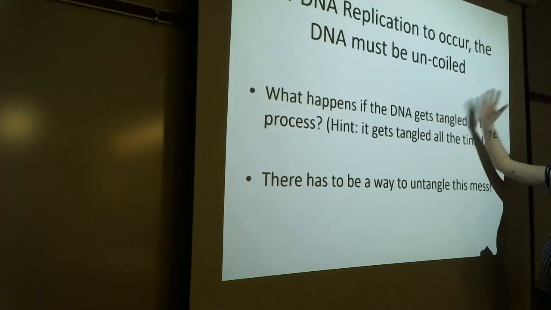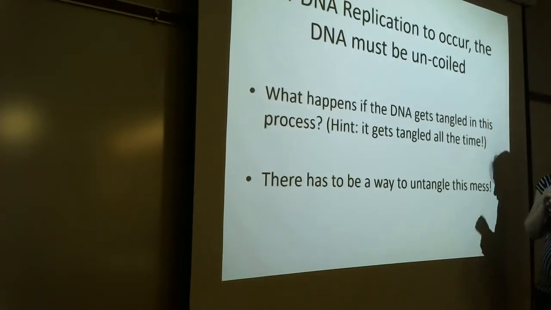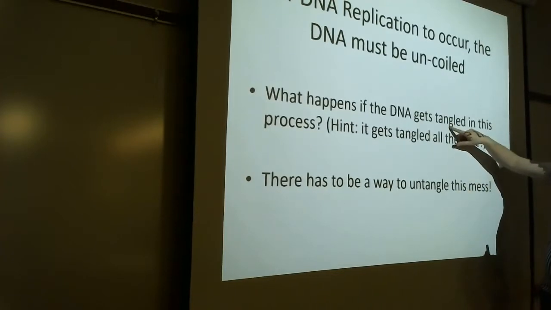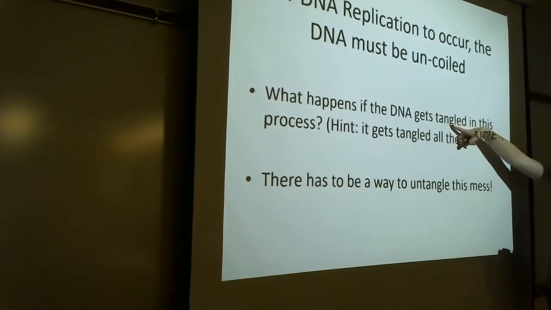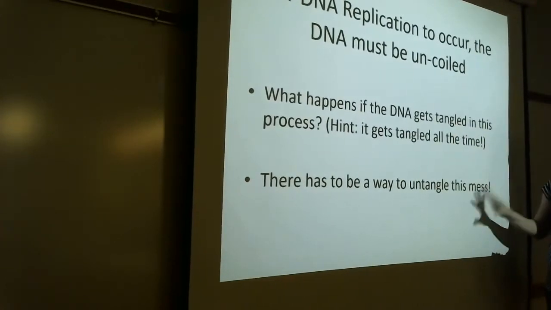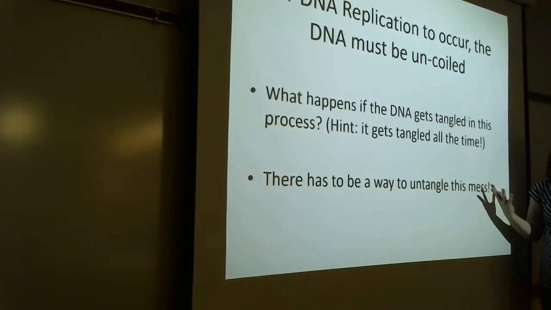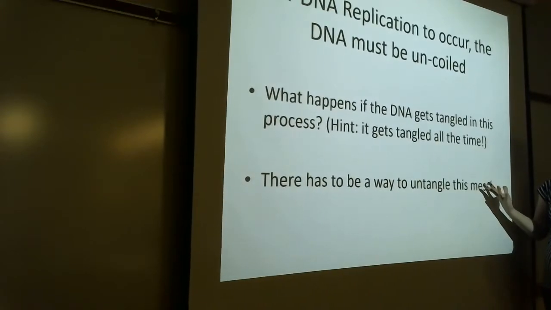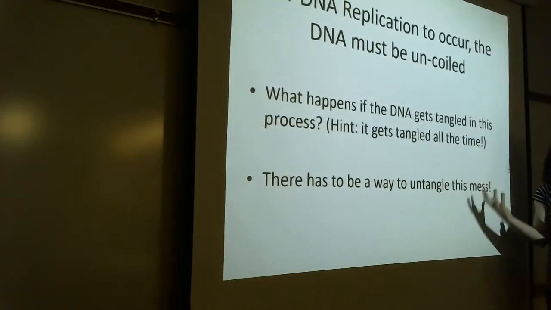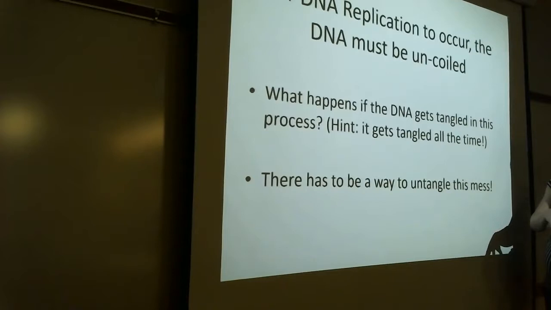Unless it's from your great-great-grandma and you're like, oh, okay, where's the microscope so I can just untangle it. Think how much it stinks to uncoil a tangled necklace, right? Okay, DNA is even worse, and it's going to get tangled a lot, right? So if you don't untangle it, you can't replicate it, right? And then you're really sunk because the cell can't replicate if you don't make a copy of DNA.